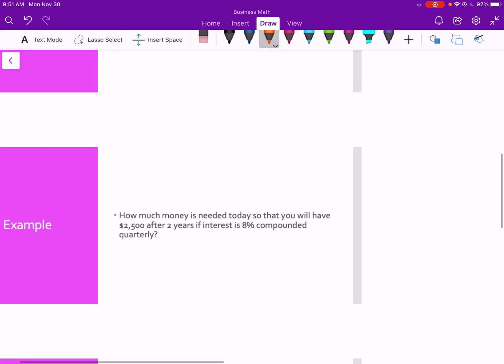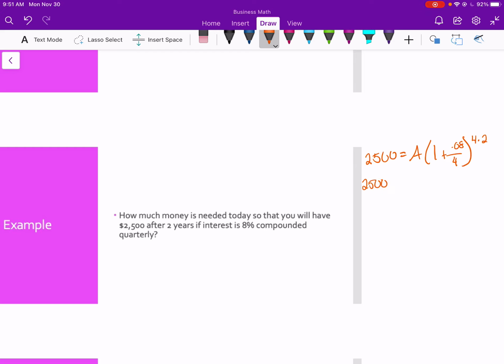Now kind of going the other way, how much money is needed today so that you'll have $2,500 after 2 years if interest is 8% compounded quarterly? So instead of being given the principal amount, we're given the final amount. So we fill in accordingly. We're looking for A, so 1 plus our interest rate compounded quarterly to the 4 times 2 because we're doing 2 years.